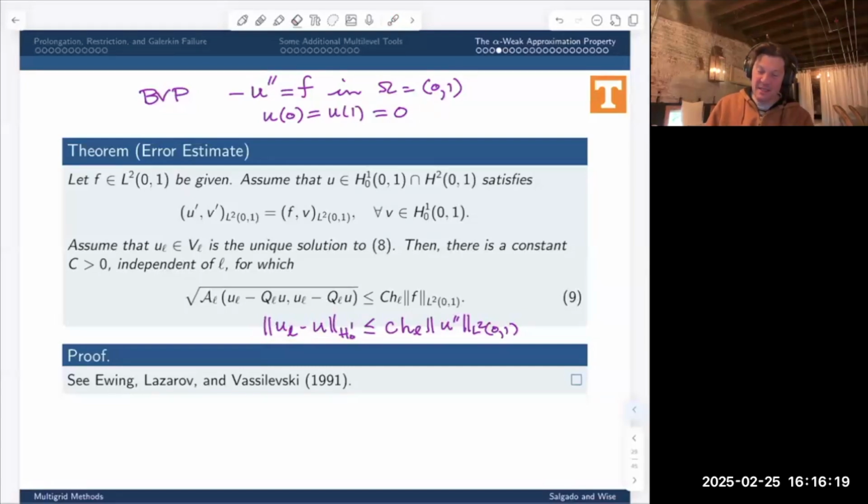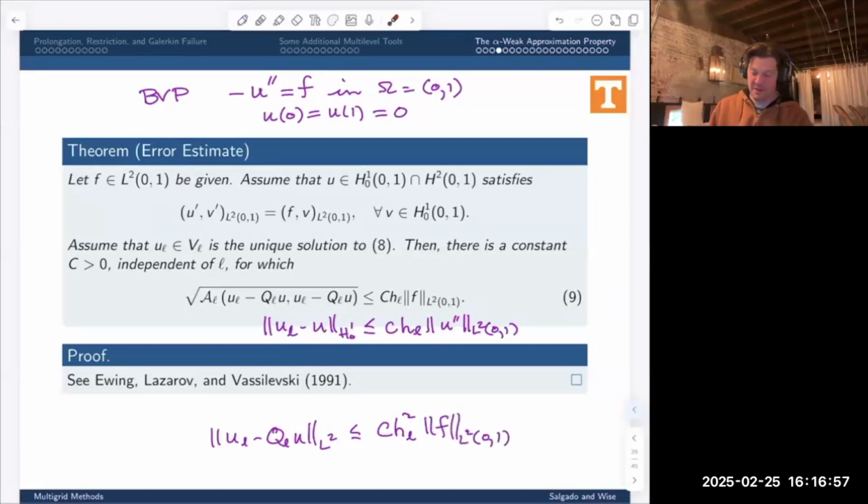Now, we might be able to gain an extra order of accuracy if instead of using the energy norm here, we use the L2 norm of the difference. I'll leave it to you to look into that question. Can you improve the order of the error? In other words, could I show something like this, that I get the L2 norm of u_L minus Q_L u less than C h_L squared times the L2 norm of f?